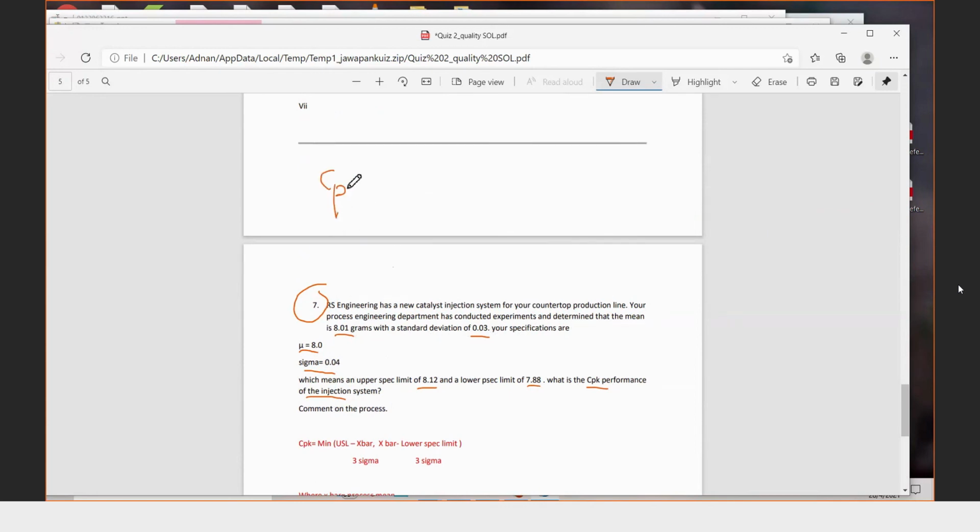Remember the formula for CPK equal to USL minus X bar, okay, X bar minus lower specification limit, okay, divided by 3 sigma, and we are looking for what? The biggest or the smallest? Smallest. Okay, smallest.